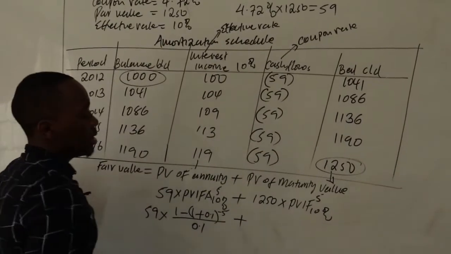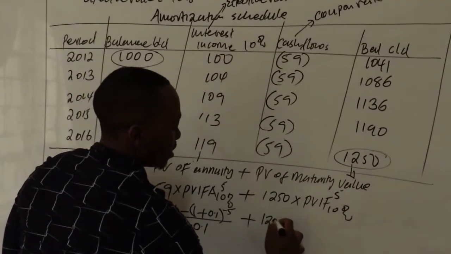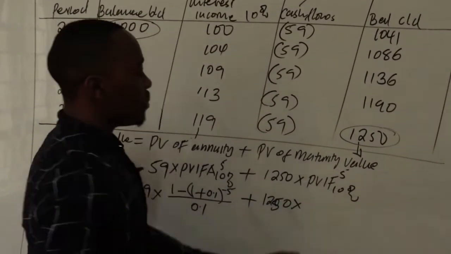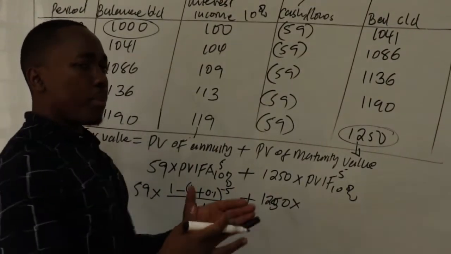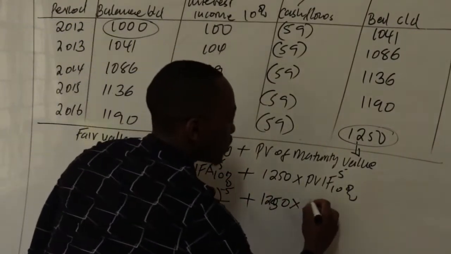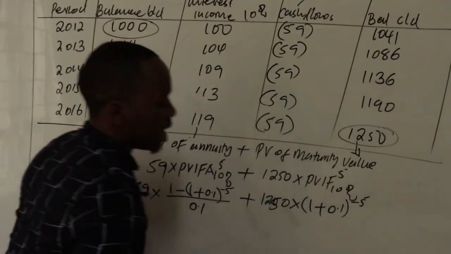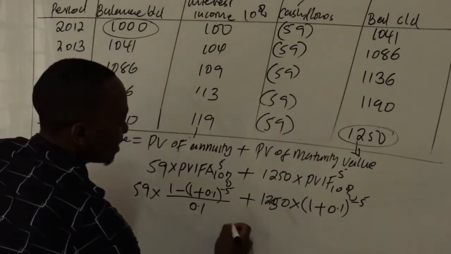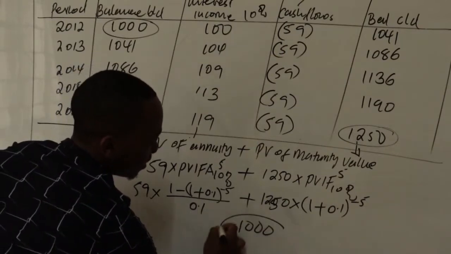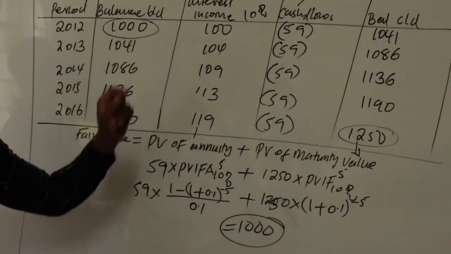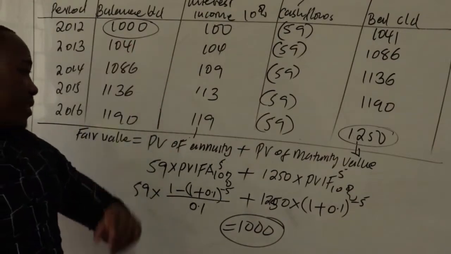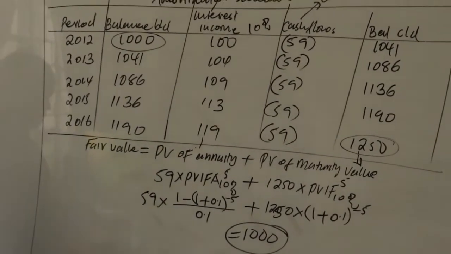And then you add 1250 times the present value of a single amount, which is 1 plus R raised to power negative n. So it's 1 plus 0.1, that's our rate, raised to power negative n. Our n was 5 years. And that's how you determine the 1,000 which you are given there. In case you are not given, that's how you can determine that.